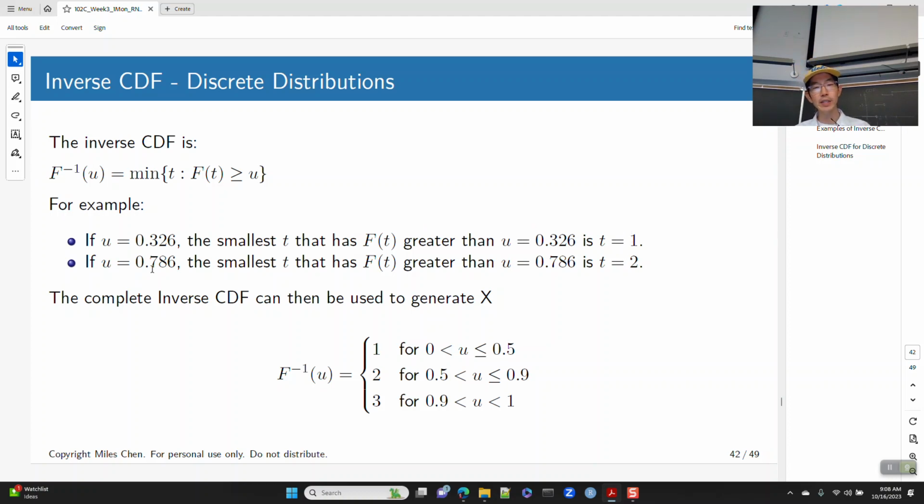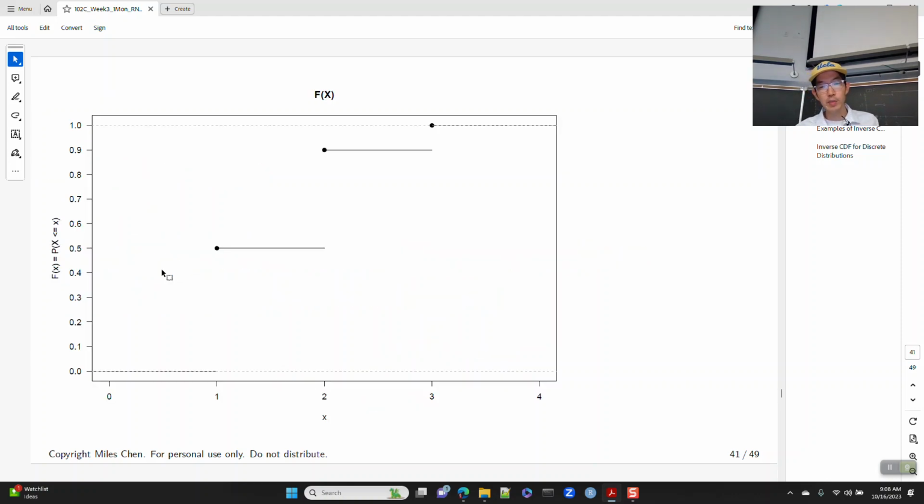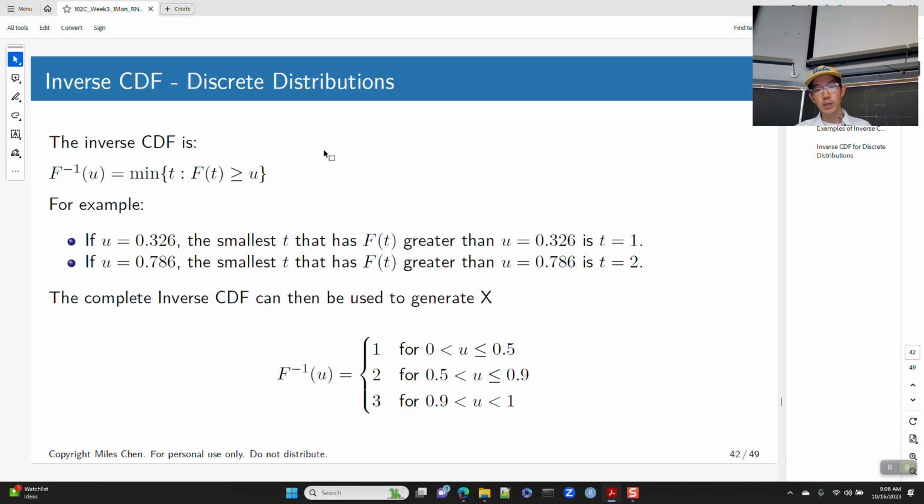And then if u is equal to 0.786, just some other location, which is right here, what is the smallest value of t such that the CDF of t is greater than 0.786? Well, it has to be at least 2. So if we invert the CDF, this is what it has to be.